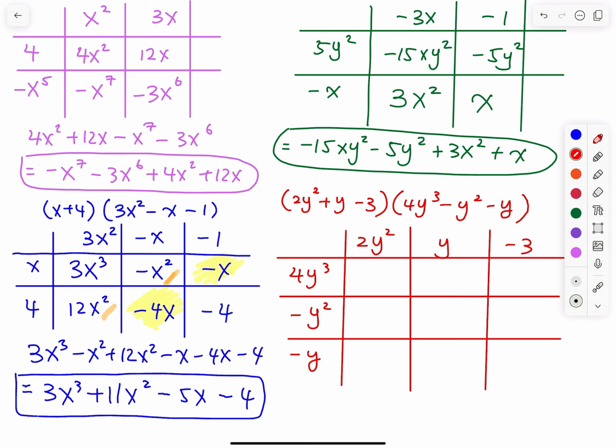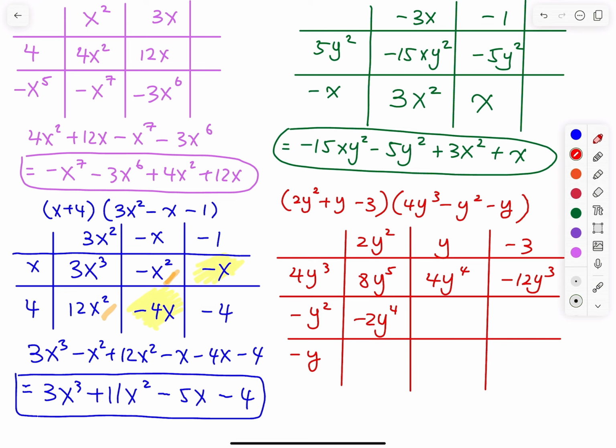4 times 2 is 8, 3 plus 2 is 5. 4y to the third times y is 4y to the fourth. 4y to the third times negative 3 is negative 12y to the third. And then right here, 2 times negative 1 is negative 2y to the fourth.